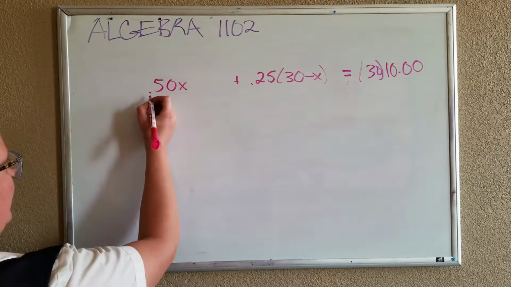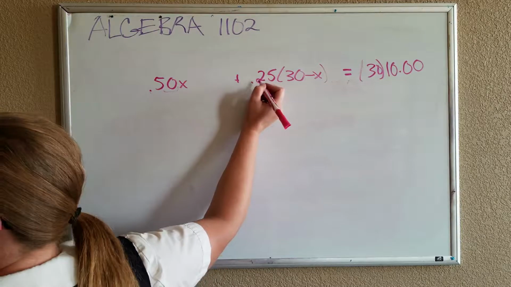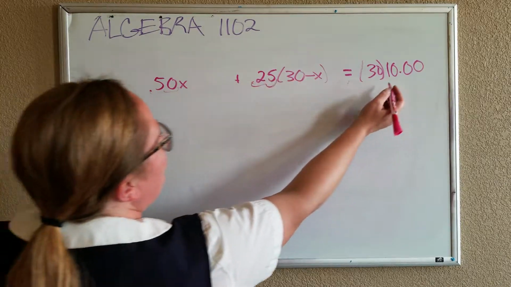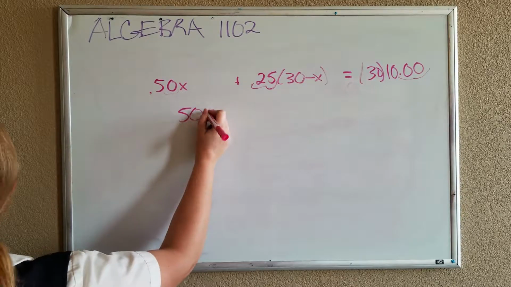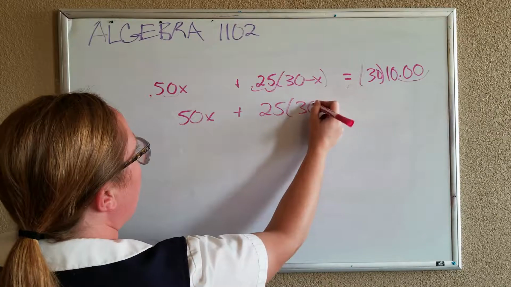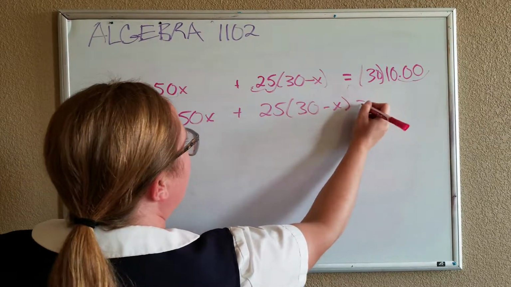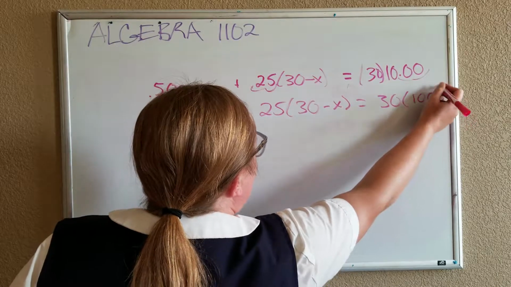So again, like money, we multiply the whole thing by 100, which is going to get rid of these decimals for us. So now we have just 50x plus 25 times 30 minus x equals 30 times 1,000 over here now.